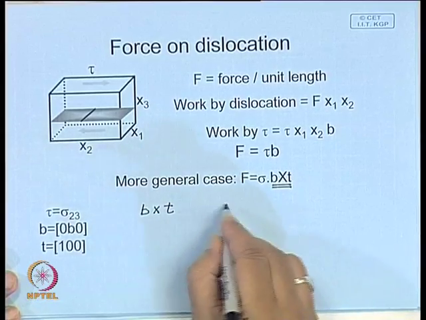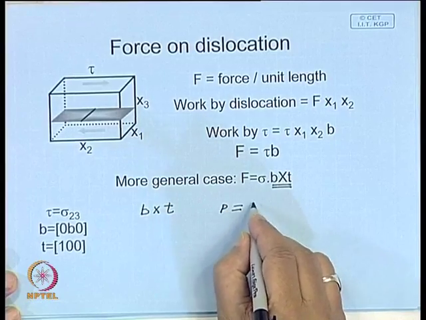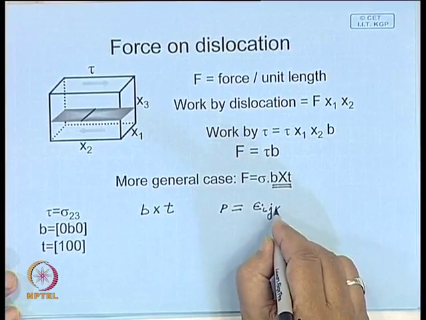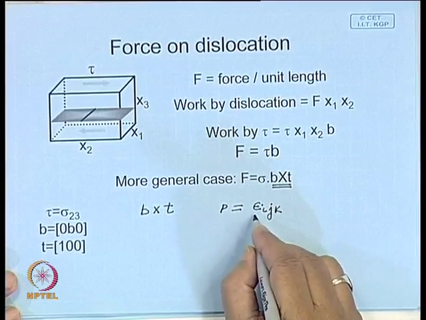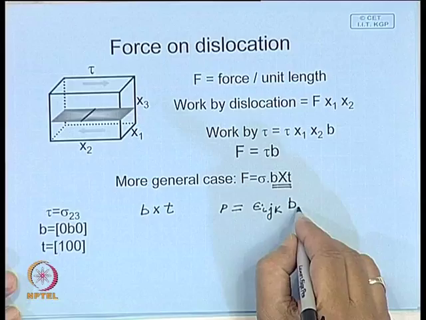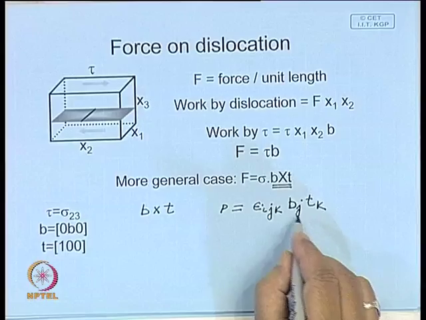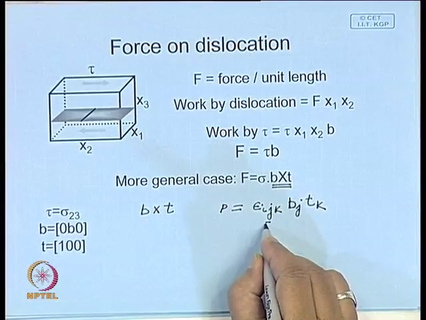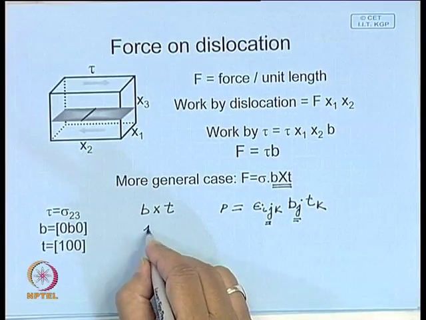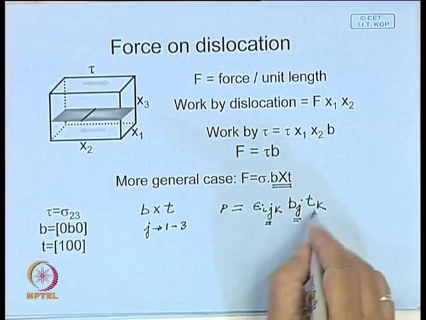This cross product p can be represented by introducing another tensor epsilon i j k, multiplied by b with suffix j and t with suffix k. Here, if there is a repeated suffix, it means summation over j, and j changes from 1 to 3 in a Cartesian system.